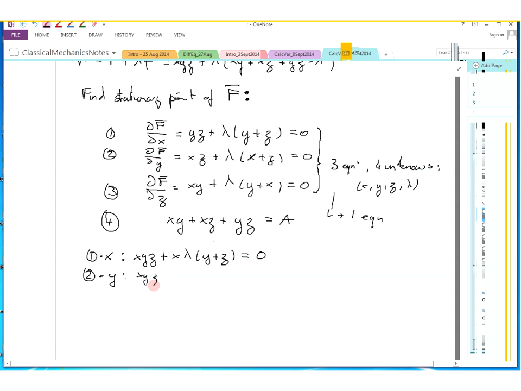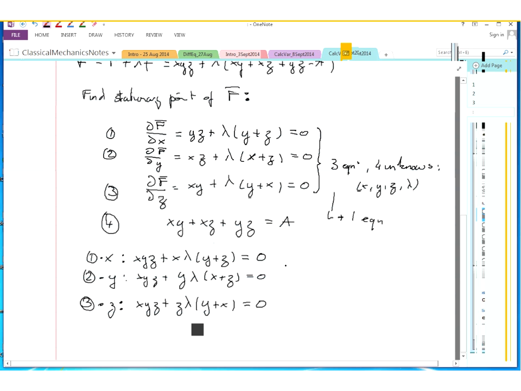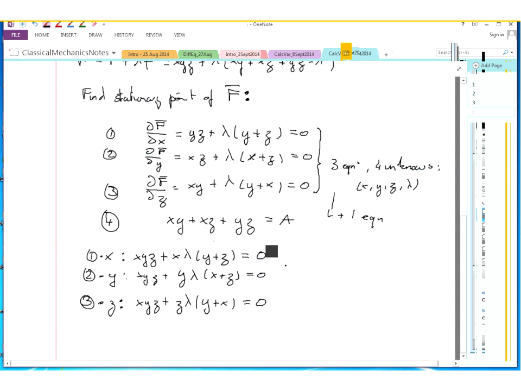And multiply the second equation by y, I get xyz plus y times lambda (x plus z) equals 0. And if I multiply the third equation by z, I get xyz plus z times lambda times (y plus x) equals 0. This is stuff that you should be able to do, right?